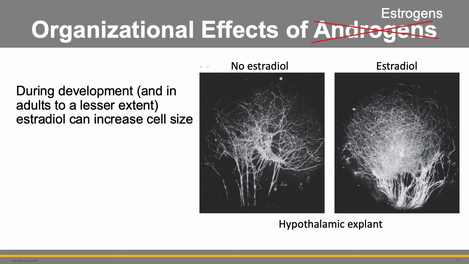These are nervous tissue that was taken from a hypothalamus and put into a petri dish on a growth medium, so that the cells could continue to live and metabolize. And if you add estradiol to the growth medium, the neurons dramatically increase their size, their arborization, and their number.